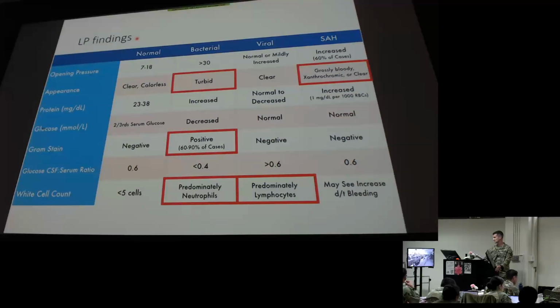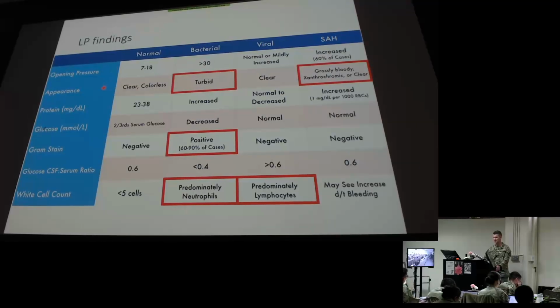Don't memorize this chart. I wanted you to get a generalized overview of what the findings of an LP actually look like. Oh, get an LP, and then you get numbers, and you're like, I don't know what the numbers mean. Opening pressure: we can get an LP and measure what that spinal cerebral fluid pressure is coming back as. The appearance will give you a gross description. Most of the time it's clear. When we think turbid or bacterial, we start thinking meningitis.